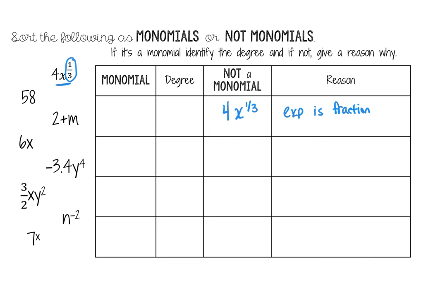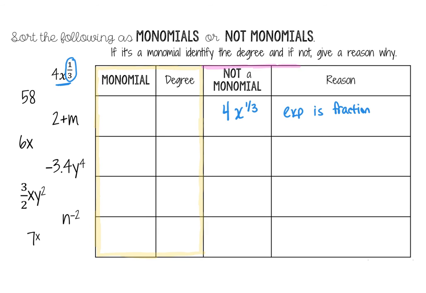And I'm going to divide this into two parts. So we have our monomials that we're going to talk about. We're going to list monomials here. If it's a monomial, we are going to tell the degree. And then we have not a monomial.